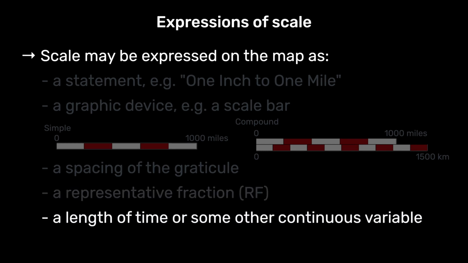And of course, that doesn't mean we should ignore other types of measurements other than distance. There are also lengths of time, as well as other types of variables. Lengths of time can be quite useful if you're wanting to get an idea of journey times, maybe. Perhaps you're wanting to map commuting times to London or something like that.